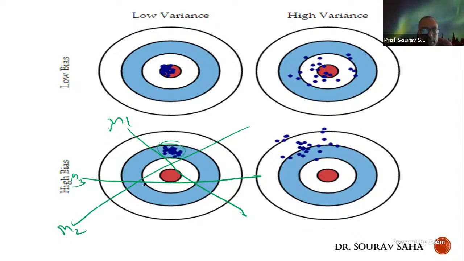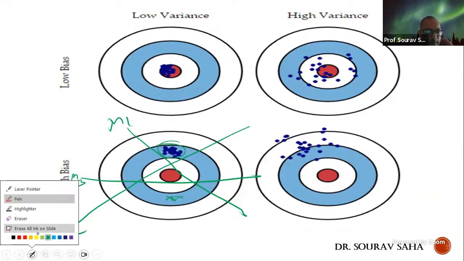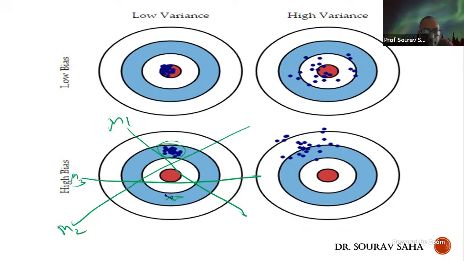M2, let me use a blue one, this is probably all the places where these predictions are coming in. All are weak models, by the way. M3, this is all the places where the predictions are coming out. M4, these are where the predictions are coming out. M5, these are all the places where the predictions are coming out.